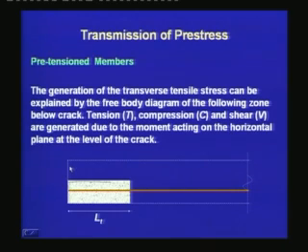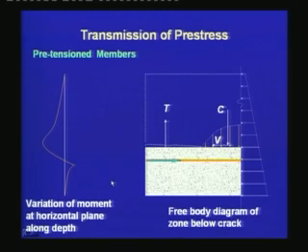Thus, for this pre-tension member, we shall look into a zone which is beneath an assumed crack level. The length of the zone is the transmission length, and in our next photo we shall see the free body diagram of this part of the beam.